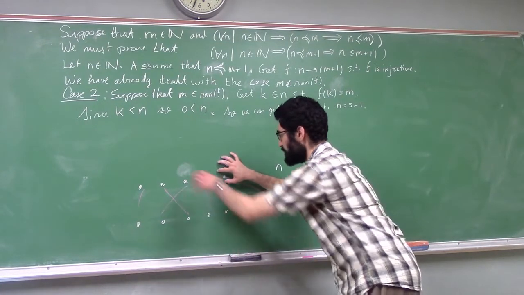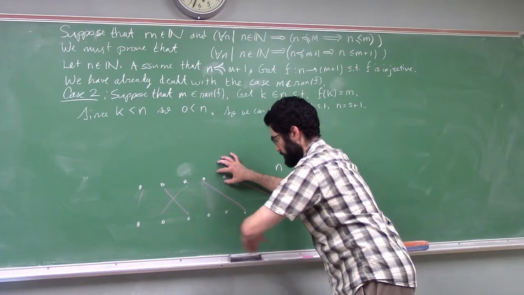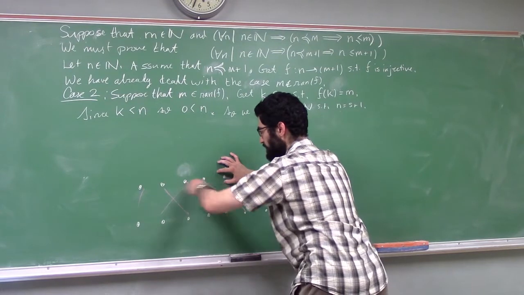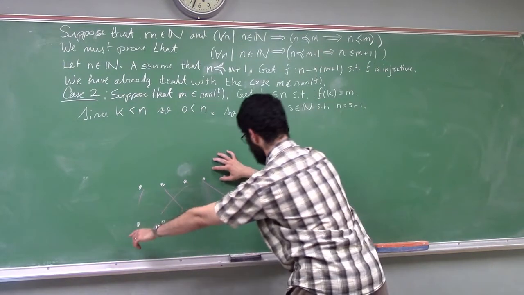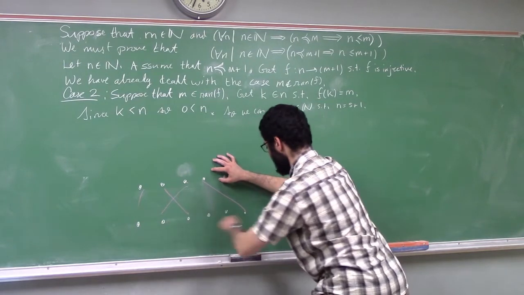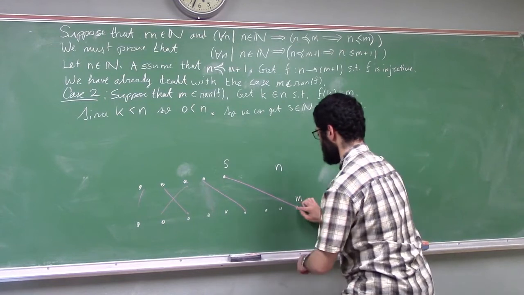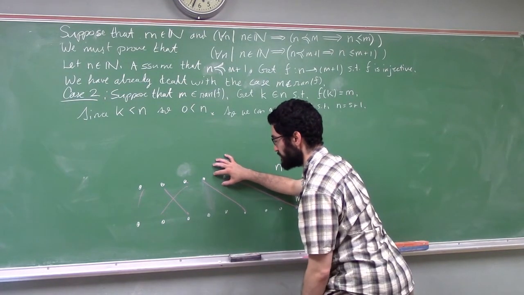So I would have a mapping from a smaller natural number to also a smaller natural number. But the point is, the codomain is now m. It used to be that the codomain is m plus 1, but if I delete this, the codomain is m, and I'm in a position where I can use my induction hypothesis.